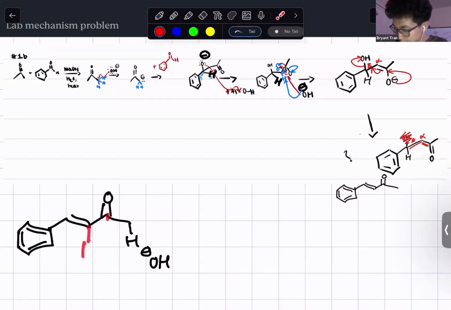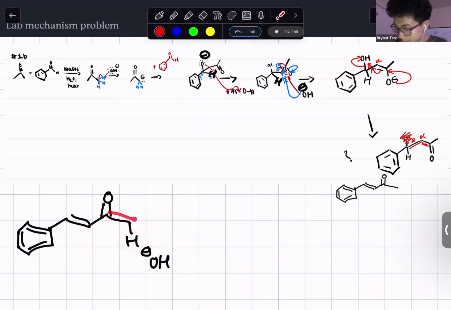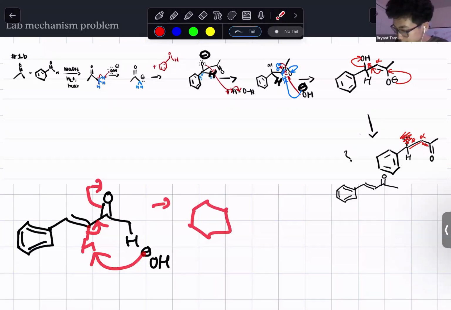We have this alpha hydrogen and this alpha hydrogen, but we're gonna go for this one here because we want to make a double bond right here, or a negative charge right here instead, right? Because that's gonna give us that negative charge right there. And why do we want the negative charge there? Because if you think about this one here, if we grab this alpha hydrogen over here and make a double bond right here to push that double bond onto the oxygen, we would have a very unstable molecule named an allene.